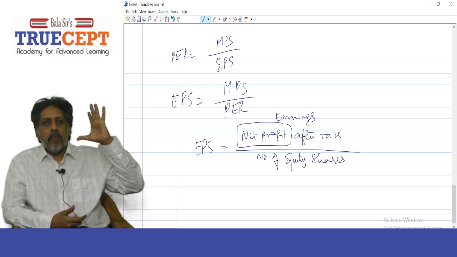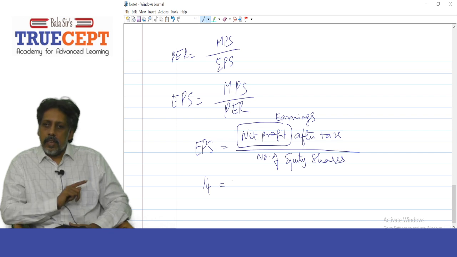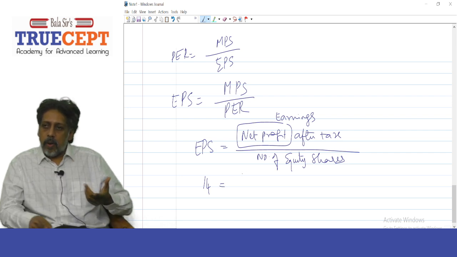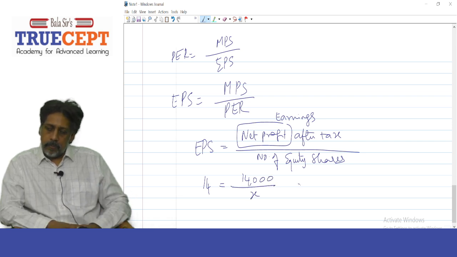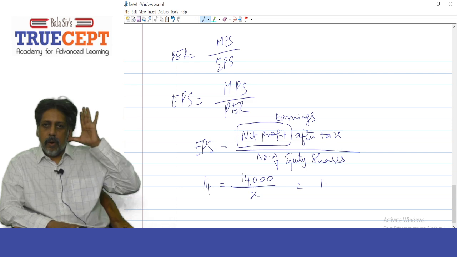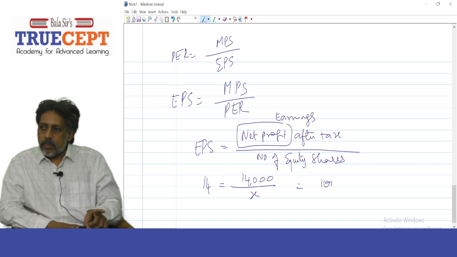Therefore, EPS of rupees 14 equals 14,000 rupees divided by X, the number of shares, which we don't know. So 14,000 rupees divided by 14 gives 1,000 equity shares.